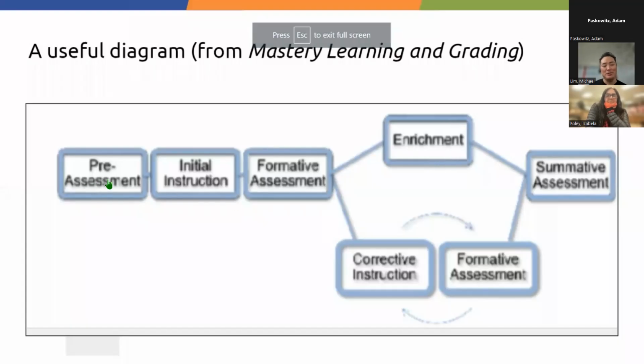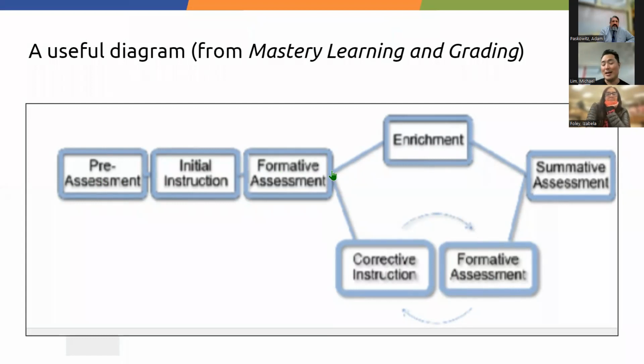So you do your instruction, and then once you get, I'm not going to use the word disillusionment, I'm going to say the word reality. When reality hits and you find out, oh, I have low performers and a large group of them, then you can go to corrective instruction and then formative assessment.